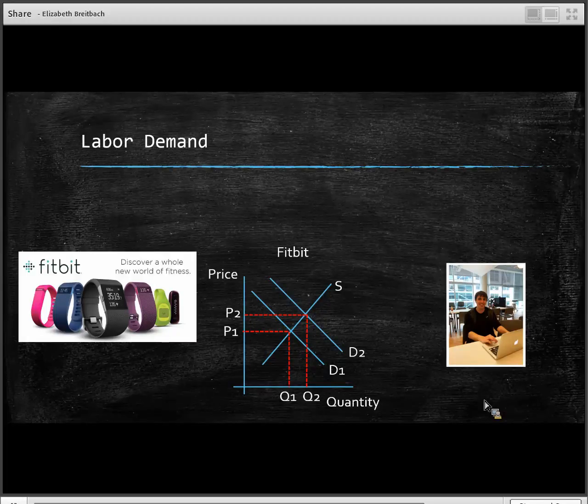So as we demand more of one good, we're also in turn going to demand more of the labor that's required to produce that good, more of the land, more of the capital, more of the entrepreneurial ability that's all used to produce that good. And it's going to be important to remember that our resource market is actually derived from the product market. Without the product market, there would be no demand for those resources.